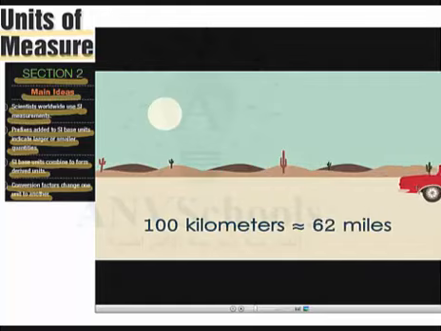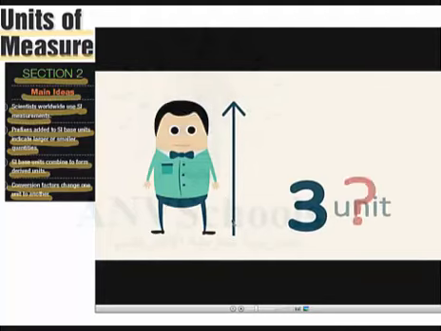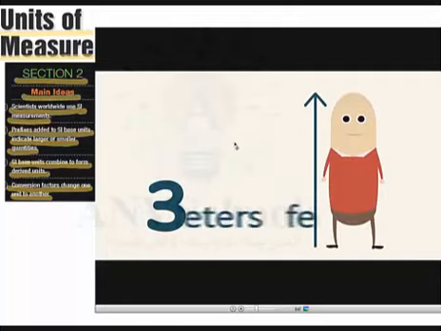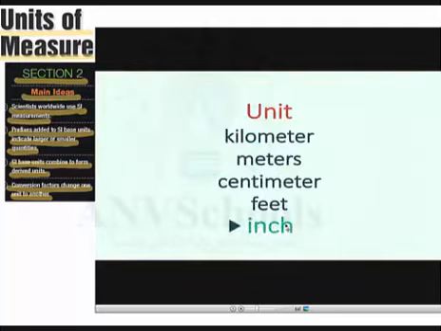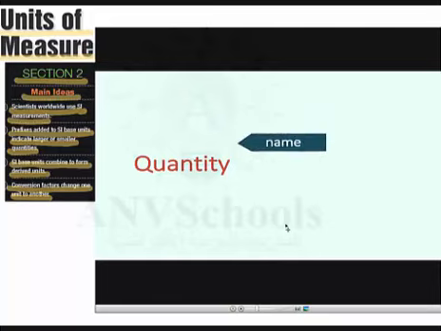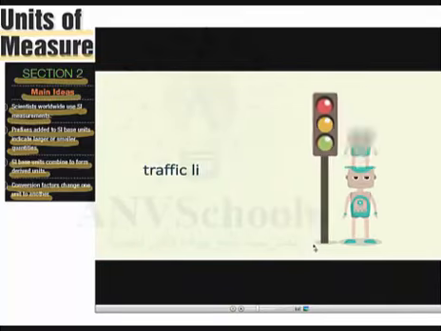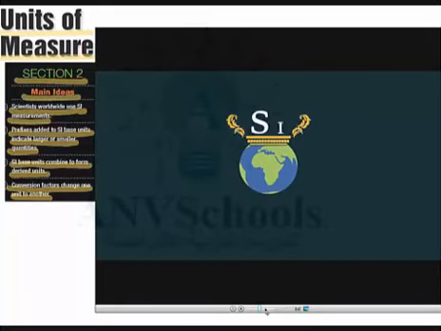We need to know the distance that we are covering. We need to know our height. Are we tall? People can use feet, they can use meters to measure. So these units are very many, and they have symbols that represent them. We will be looking at them individually, slowly as we proceed.